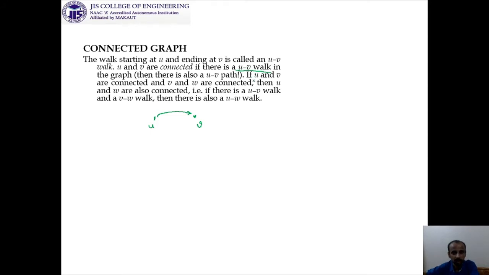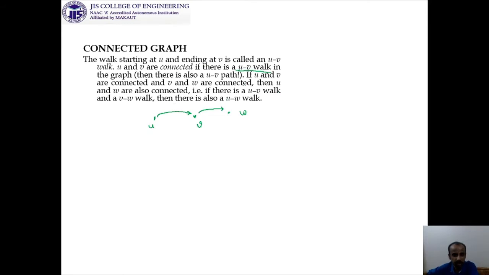Now if U and V are connected, and suppose there is another vertex W where V and W are also connected, then U and W are also connected, because you can go from U to W via V. That is, if there is a UV walk and a VW walk, then there is also a UW walk.